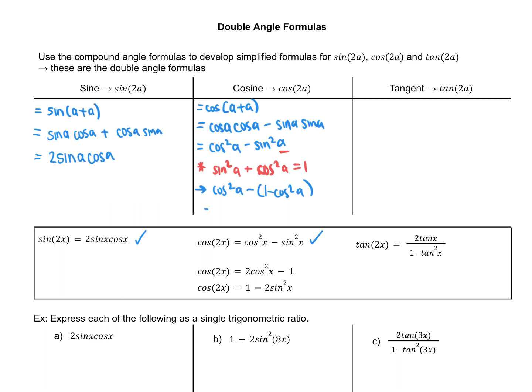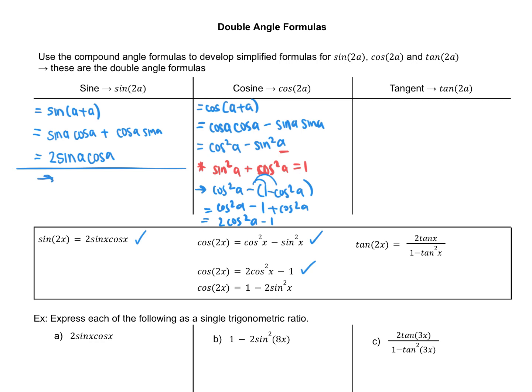Now if we clean this up, we'll have cos squared a minus 1 plus cos squared a. And if we collect, that's 2 cos squared a, subtract 1. There's an alternate double angle formula for cos. I'm going to put the other one right over here.